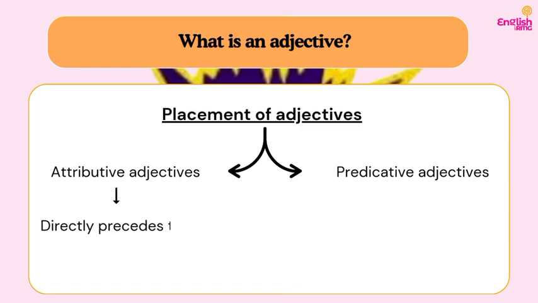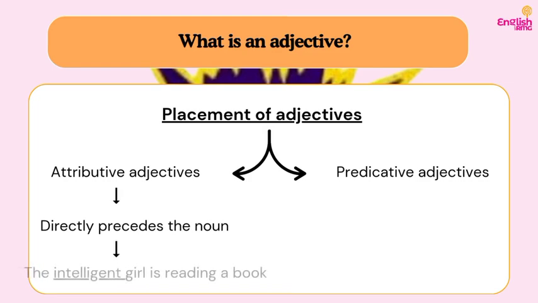So attributive adjectives are adjectives that directly precede the noun. That is, it is usually directly beside the noun. So, for example, we have: The intelligent girl is reading a book. So we can see that the adjective intelligent is right beside the noun, preceding it. So we can tell that it is modifying what? The girl.